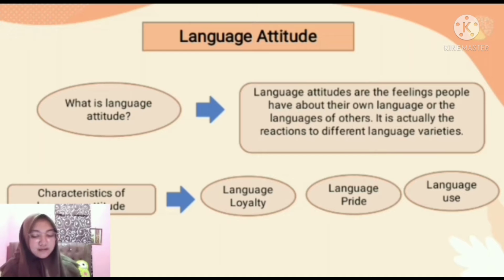Language use is the awareness of the language norms that encourage people to use their language carefully and politely. It is a very big factor in influencing action, so we call that language use activities.